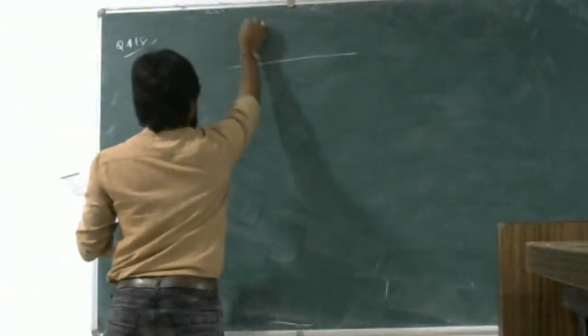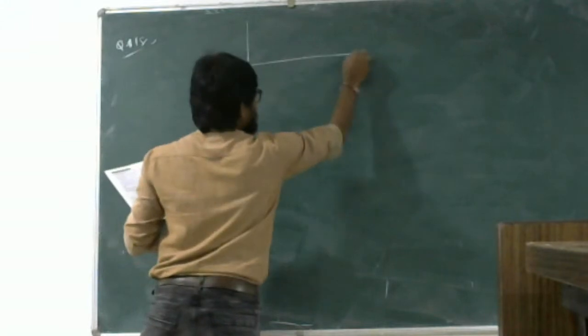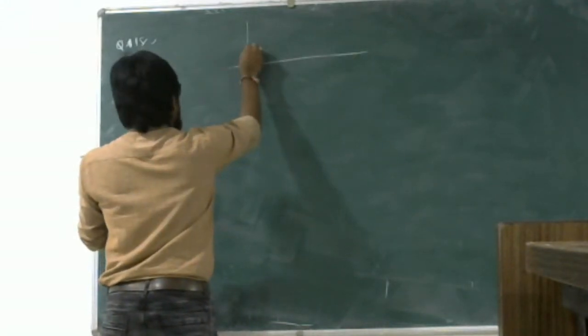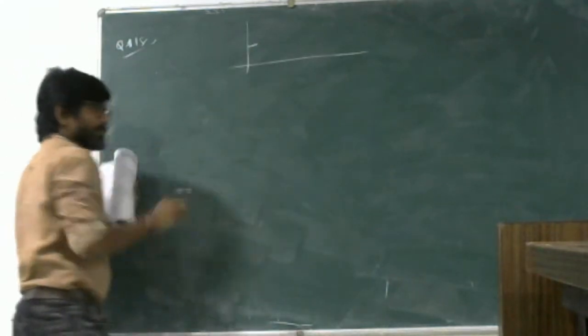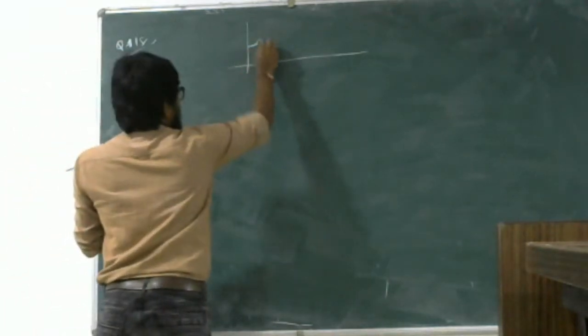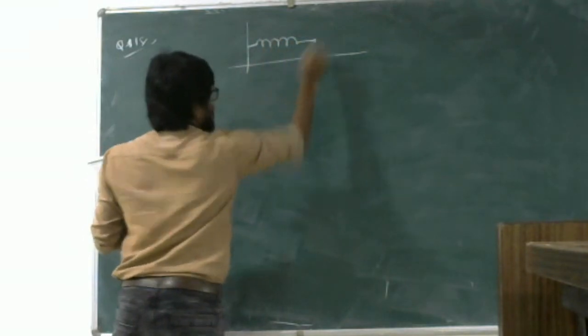is a horizontal surface, and an end of a spring is fixed here, and it is connected to a point here.